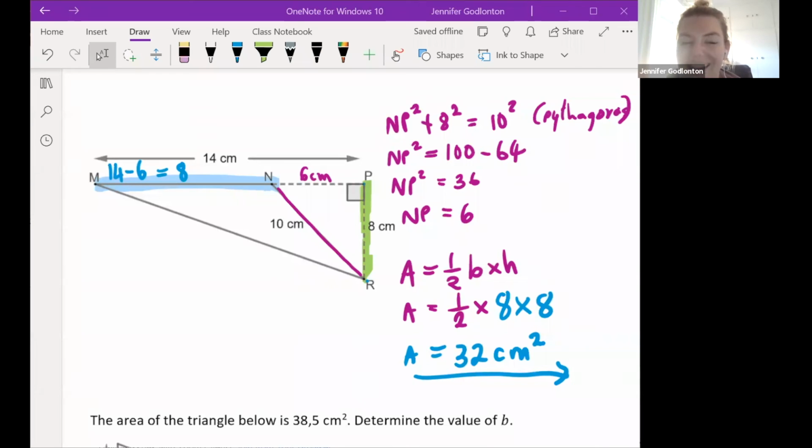Hello, ma'am. Hi. Ma'am, I wanted to ask, like for the first question, I used h squared plus 10 squared equals to 8 squared, but I still got the same answer, which was 6. Is it still fine? You used? Ma'am, I said h squared plus 10 squared equals to 8 squared, and then h squared equals to 100 minus 64, and then h squared equals to 36, and then h is equal to 6.